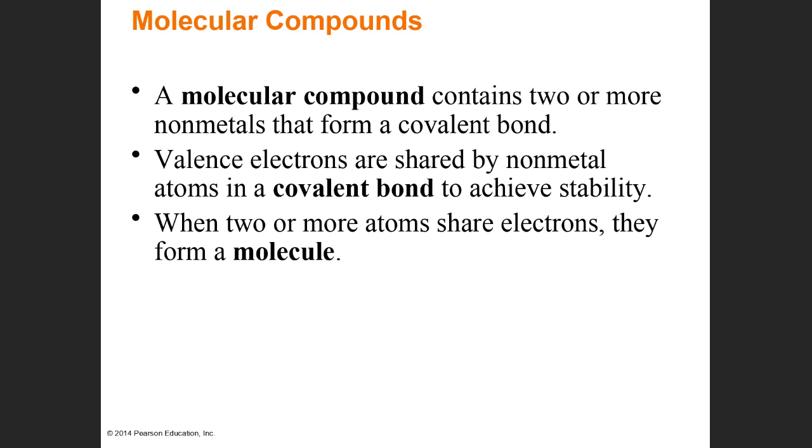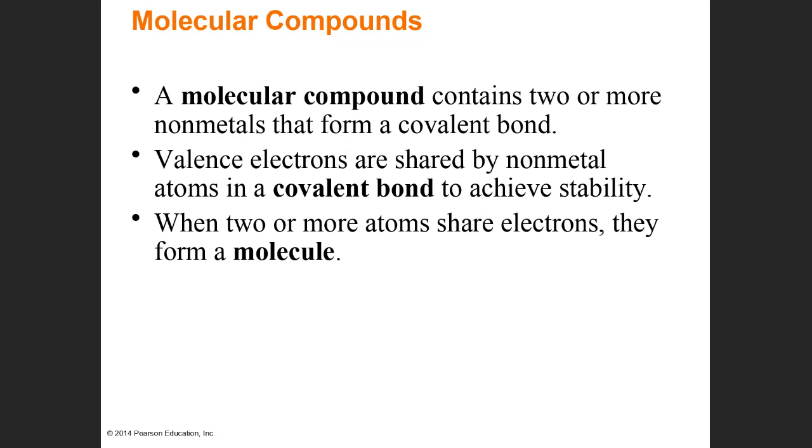You can identify a molecular compound because it's always going to be made from nonmetals, and those nonmetals will form covalent bonds. So the bonding is still going to be formed from the valence electrons, just similar to what I talked about in the ionic compounds.